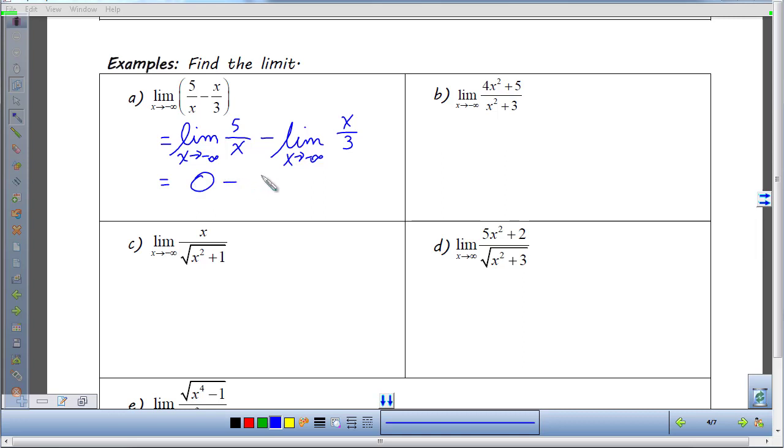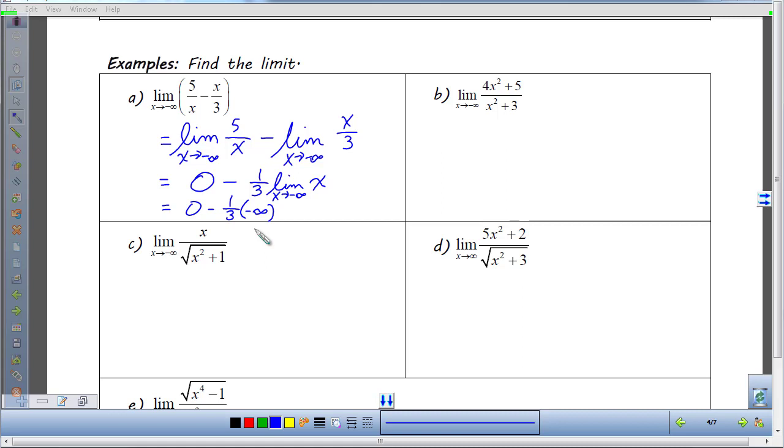Okay, now for the other piece here, we've got a constant times x. So we could actually bring that constant, 1/3, outside of our limit. Okay, so we got minus 1/3 times the limit of x as x approaches negative infinity. Well, if x is approaching negative infinity, which it tells us right here, then this thing is getting more and more and more negative. So what we end up with is something like 0 minus 1/3 times negative infinity.